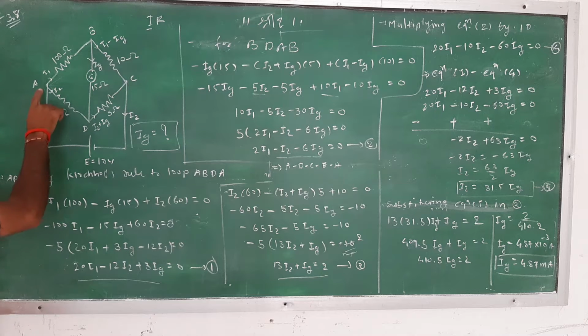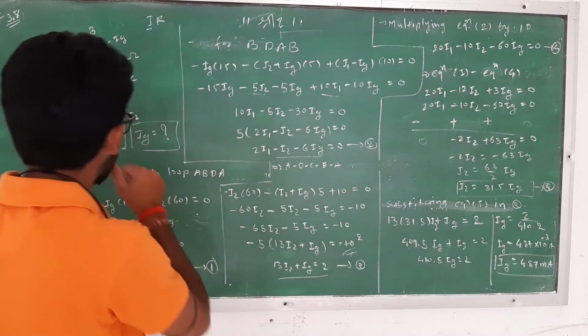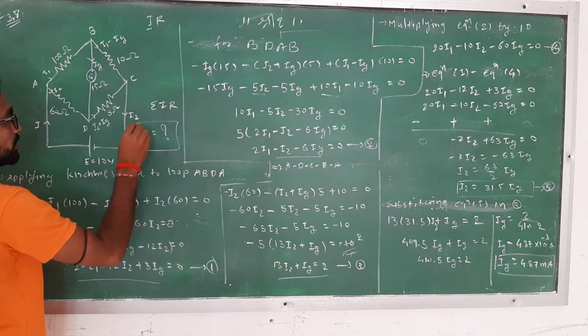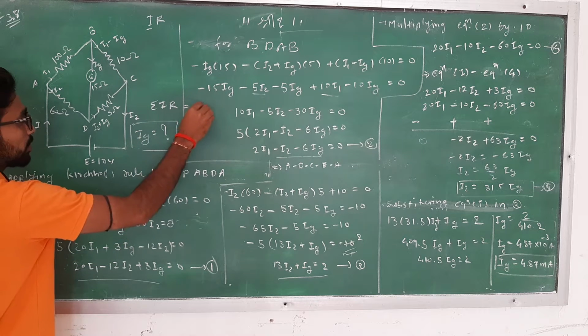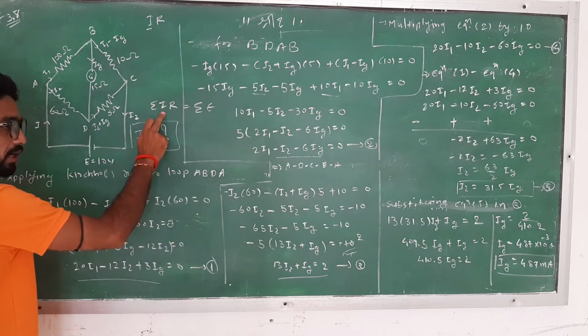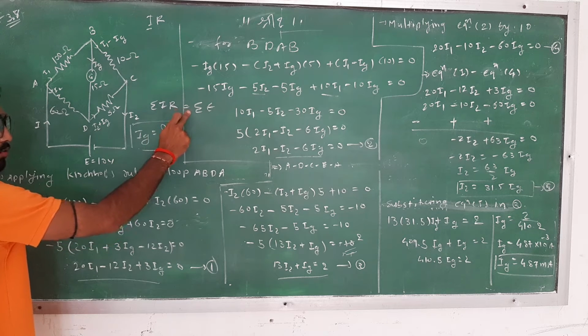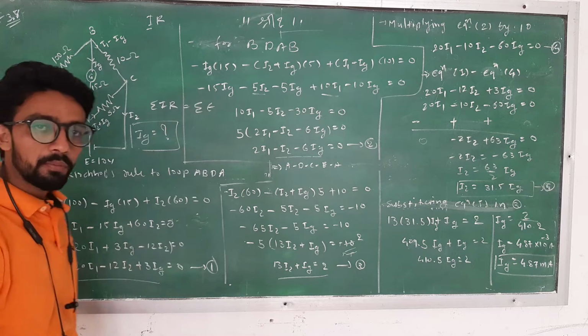You can see from A to B we have a resistance. Now, Kirchhoff's rule: the statement is summation IR is equal to summation epsilon. That means the summation of potential differences across the resistances is equal to the summation of EMFs of the batteries.